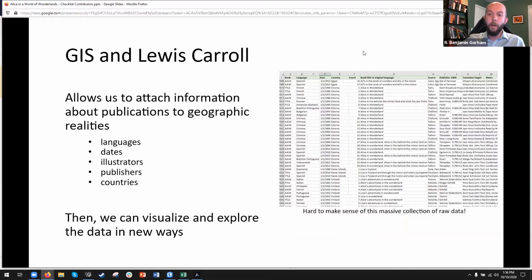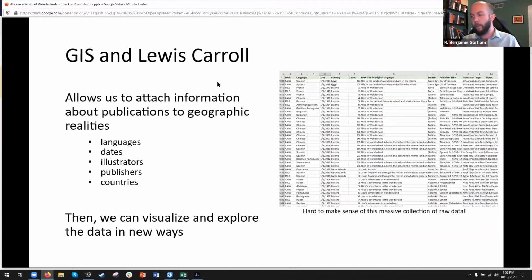And as many of you know, the data that underpins all of this is impressive. It's massive and very complex. We're looking at well over 12,000 entries here. And there's a lot of information embedded in this, and it's hard to make sense of it all in just one big info dump.